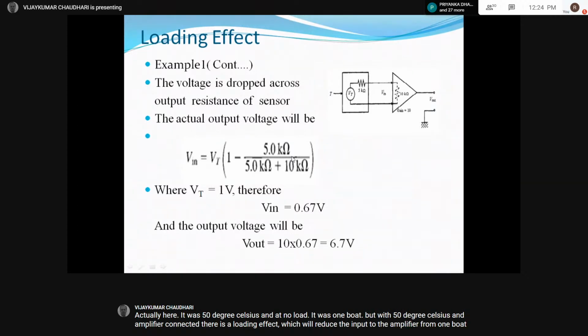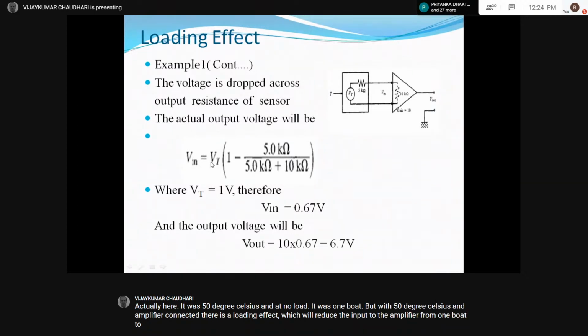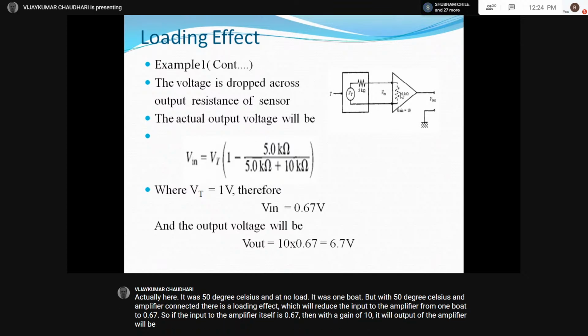Okay, this term will be negligible and V in will be approximately equal to VT. Are you getting me? So we should reduce this resistance in comparison with this. That is the method adopted. What we can say is that this can reduce our loading effect.